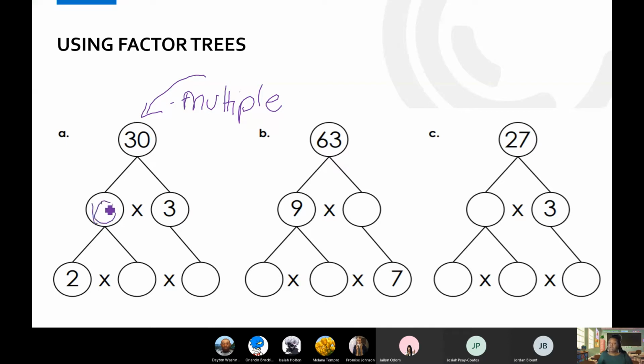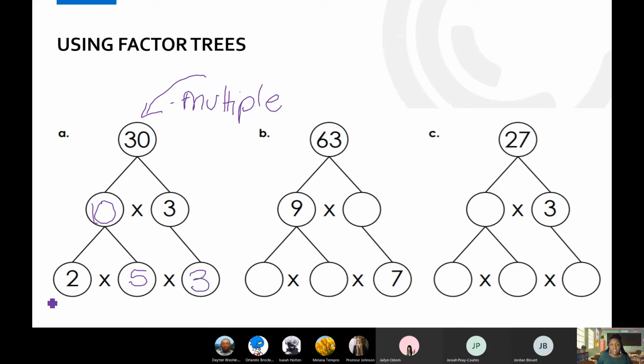So that factor tree tells me I need to keep going smaller. And 2 times what will equal 10? 5. And then this arrow here tells me to bring that 3 down.